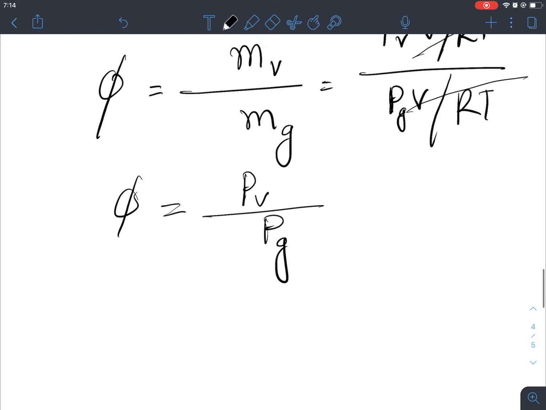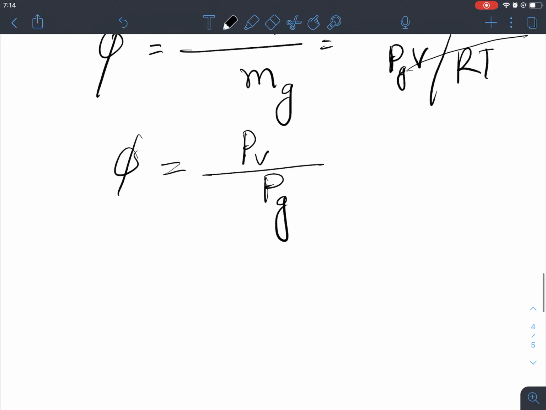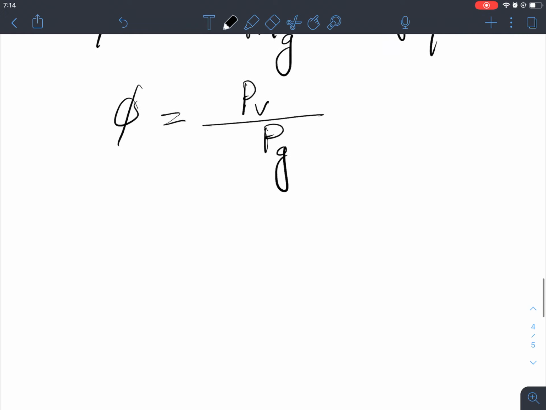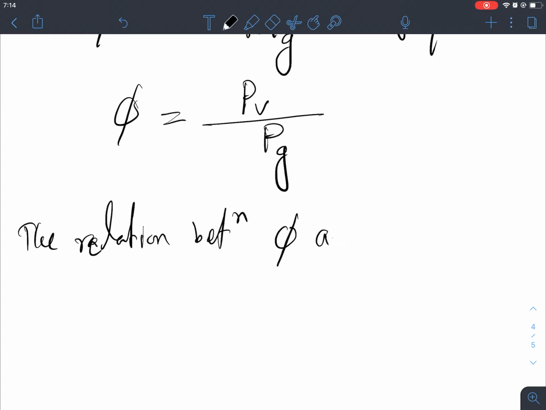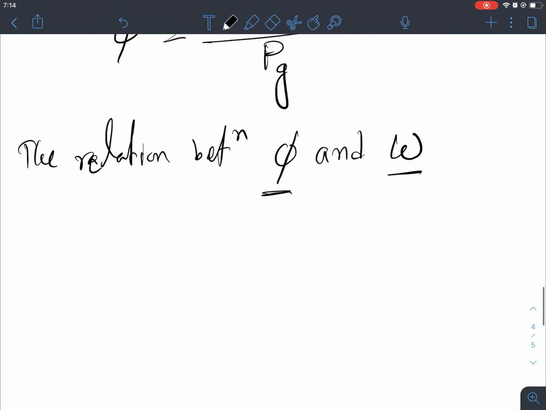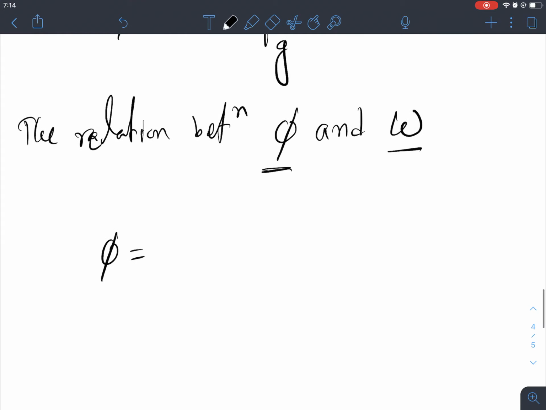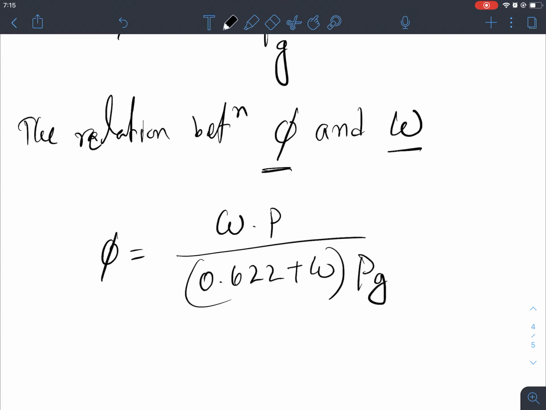In terms of relative humidity and specific humidity, the relation between phi and omega is like this. We can write it as phi equals omega times pressure divided by (0.622 plus omega) times Pg.